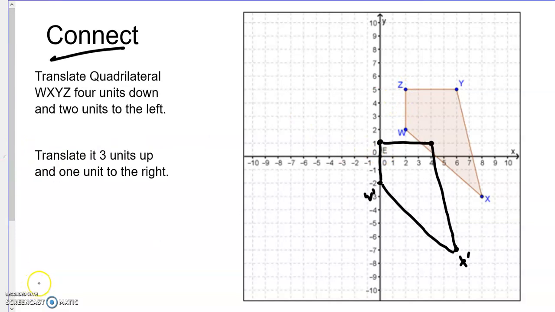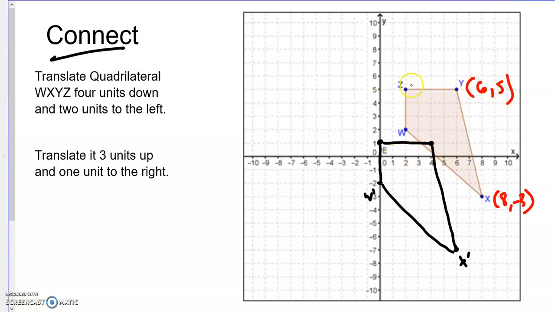So since I've already translated it for you, let's talk about coordinates. The first thing I'm going to do to answer that question is see what the coordinates of each of the vertices are. For instance, the original coordinates of X are 8, -3. Then Y is 6, 5, both positive.